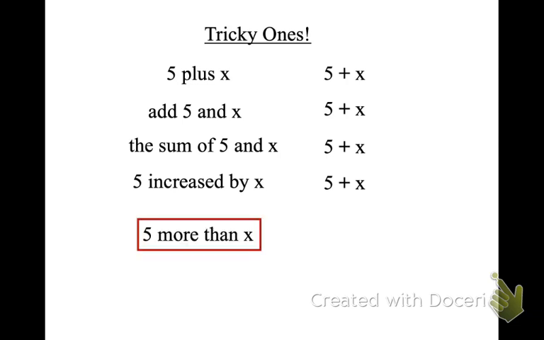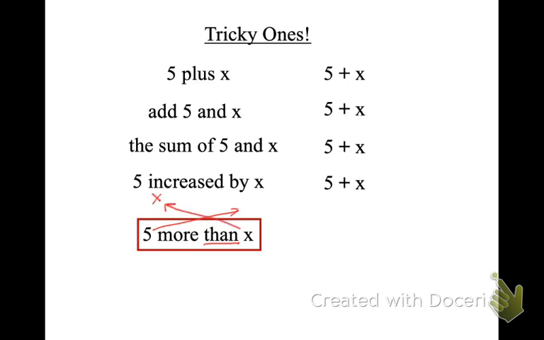Now, when you have 5 more than, every time you see this word, I call this crisscross words. In my class, I've got a poster of it, but we don't have this, so you might want to put a little post-it on your wall. Okay, 5 more than. When you see the word than, the terms are going to switch places.